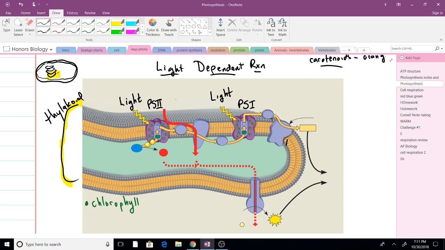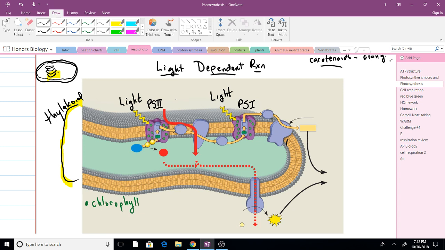So, what we want to do right now is just kind of talk about the major players. So, we have light, we have the photosystems, and the photosystems are a collection of chlorophyll molecules where they are harvesting light energy. And all of these light wavelengths bombarding the chlorophyll molecules, and the electrons in the chlorophyll are getting excited.